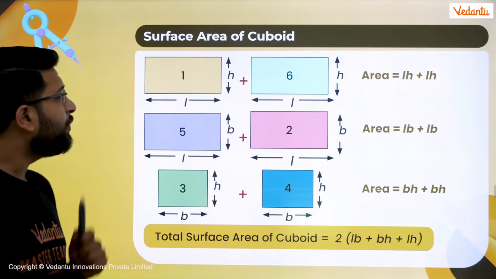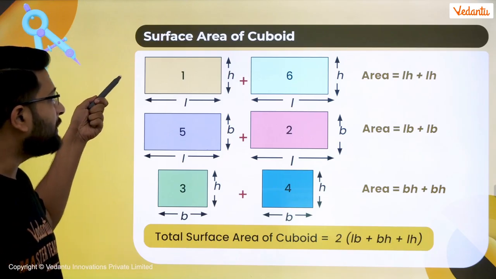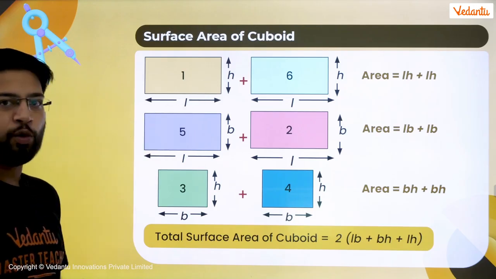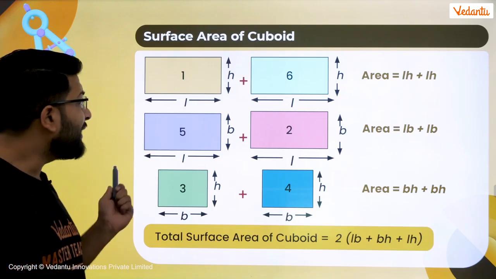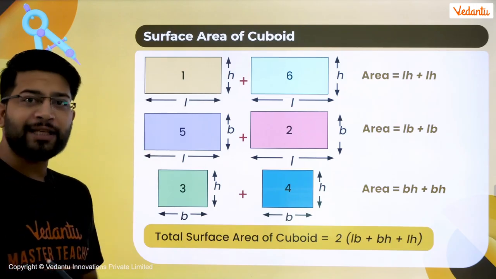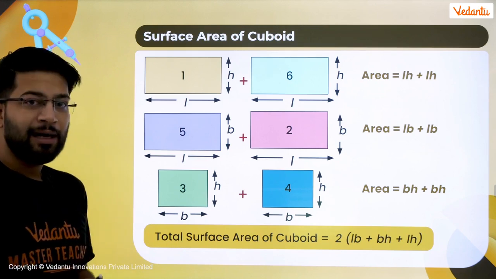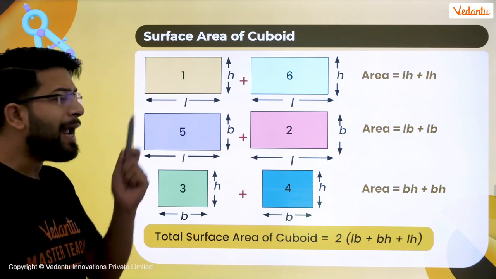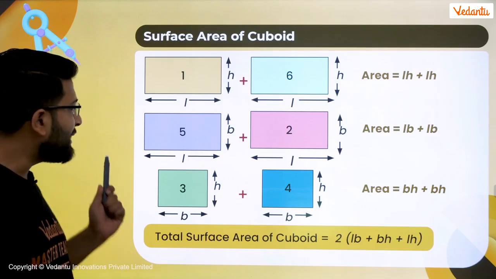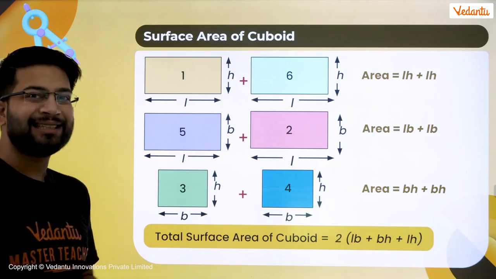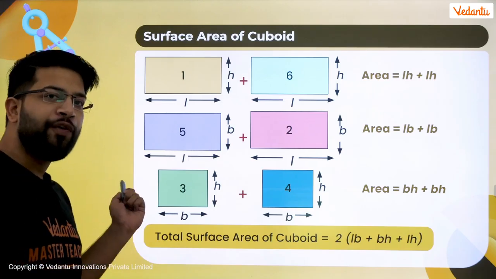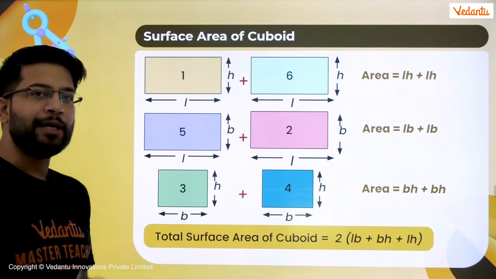By this we can see there will be two faces with the dimension L cross B, and that is why the area will be LB, and there will be two faces of dimension B cross H, and hence those two faces will have the area B into H.